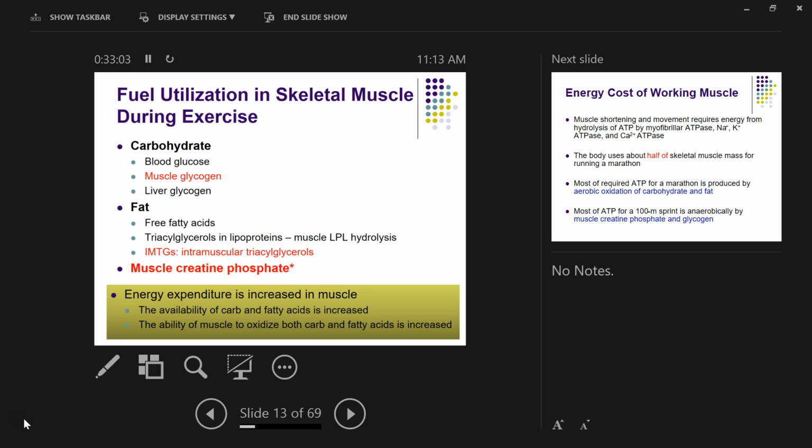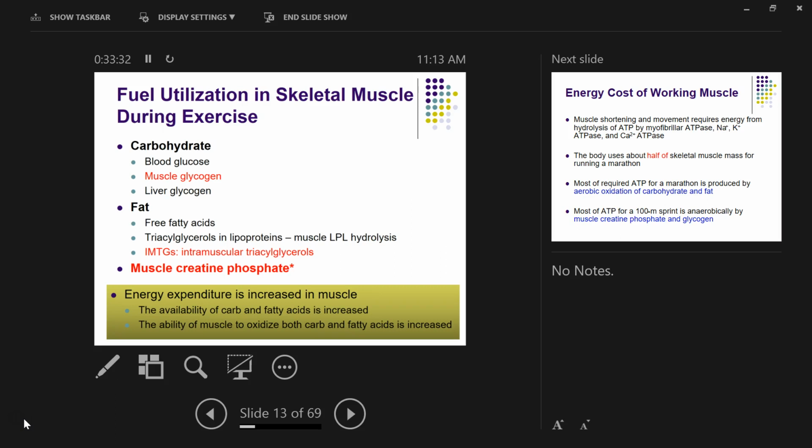And liver glycogen also breaks down, releasing glucose into circulation, so muscle can pick up glucose from circulation and use it for energy. And most importantly, muscle glycogen is a very, very important carbohydrate source for muscle during exercise.